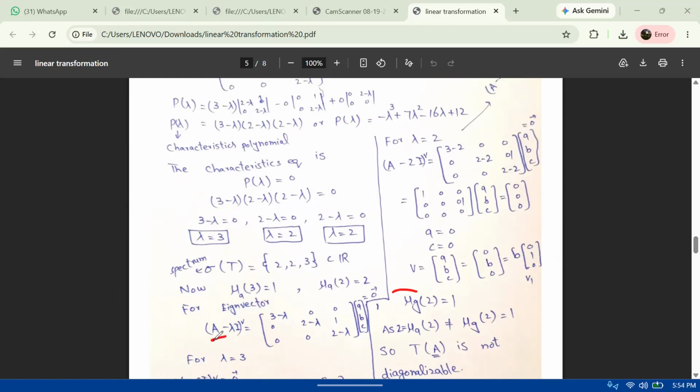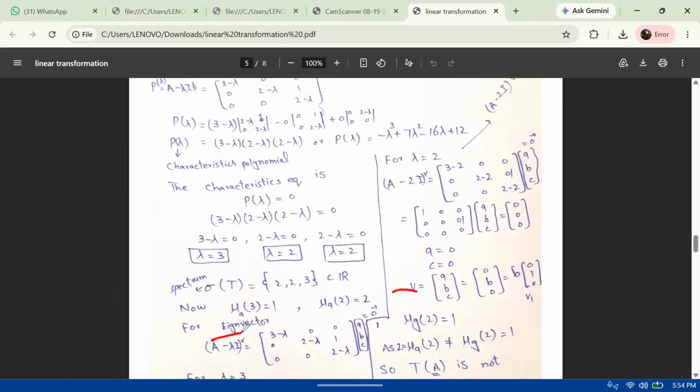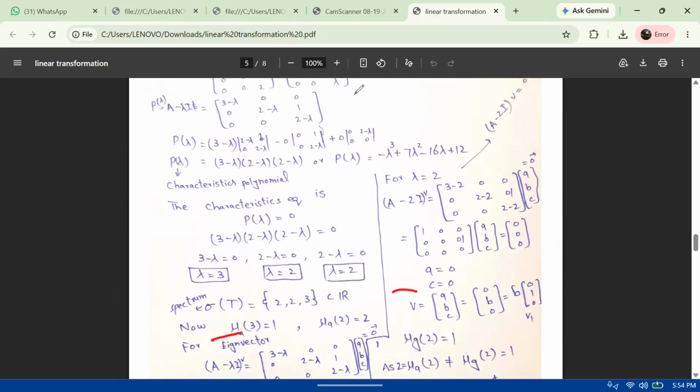So you find A minus lambda I times v. This is the A minus lambda I, the minus lambda I as you found earlier. You put this equal to 0.